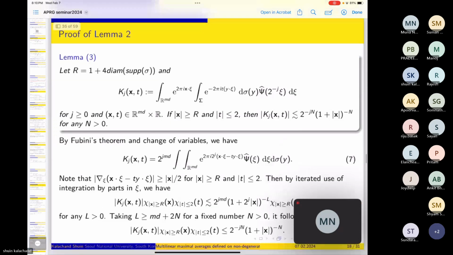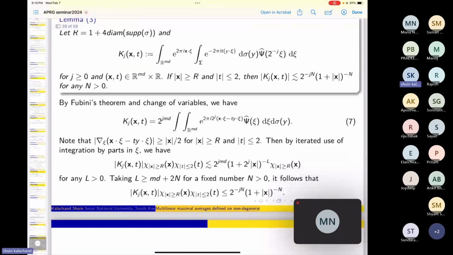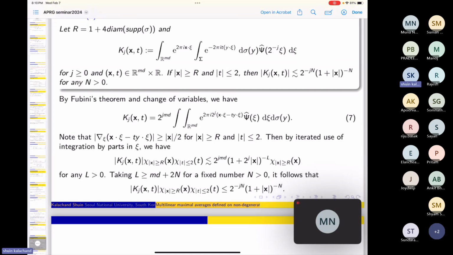So we'll see the proof of it. By using Fubini's theorem and a change of variable, we can write K_j(x, t) by this. Now look at this function x·y minus t times |y|, and look at its gradient. Here y comes from the hypersurface sigma, which is contained inside the unit ball, so |y| is less than or equal to 1.